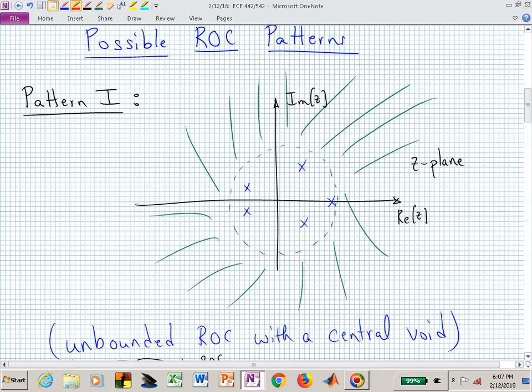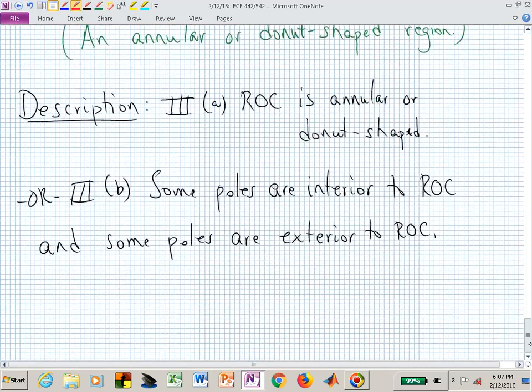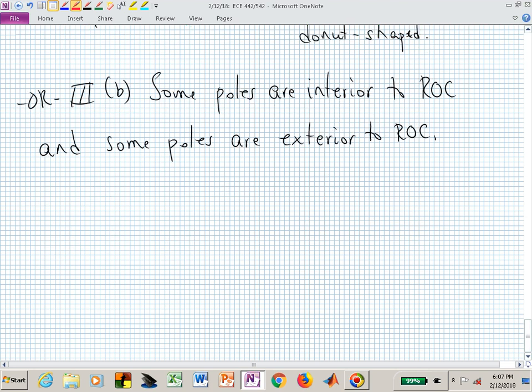Where was I? A connected space in the z-plane, and here the implication for this pattern 3, which I've already been discussing, is that it's two-sided. The sequence, little x of n, is a two-sided sequence.